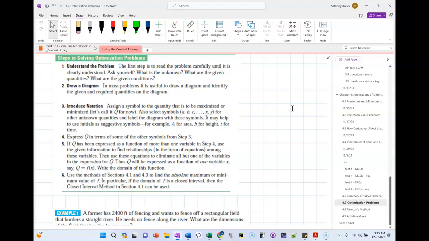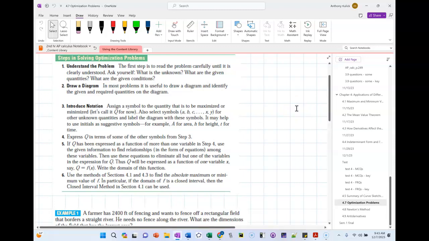Step 2 would be drawing a diagram. Almost all these situations are going to be a little geometric in nature, so having a picture of what you're doing oftentimes is super helpful. And going along with that, label your unknowns, where the unknowns are from part 1, on your picture, or where your givens are.